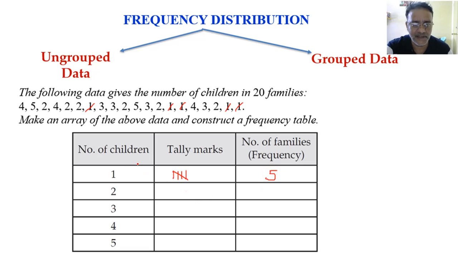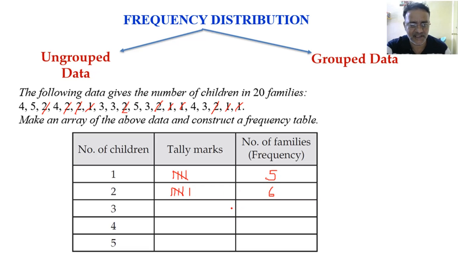Okay, 2. How many 2s are there? Count with me. 1, 2, 3, 4, 5, 6. Any 2 is left? No, sir. Okay, 5 and 6. So 5 complete एक ब्लॉक में रखेंगे और 6 ऐसे.